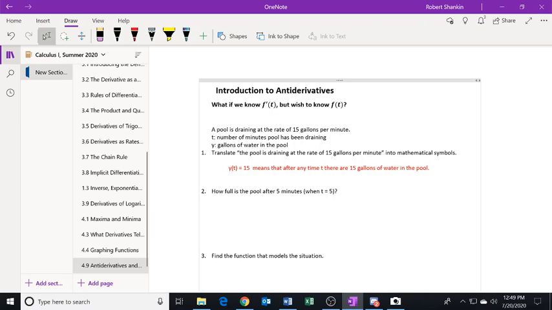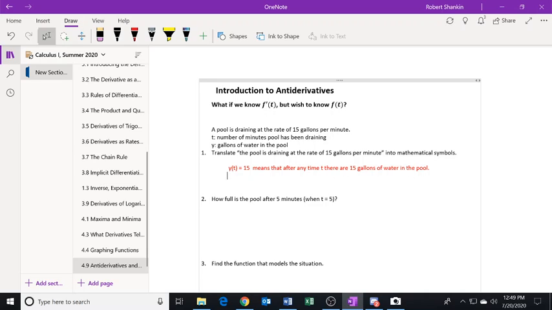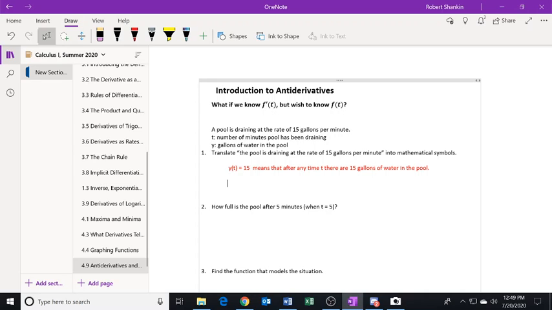So this actually means it's not draining at all. If we went to y of t equals 15, it means there's always 15 gallons of water in the pool and it's never draining. So we're going to need to adjust it. Instead of that being the answer, let me go to group 3. Any ideas?